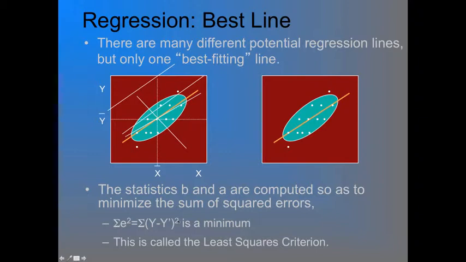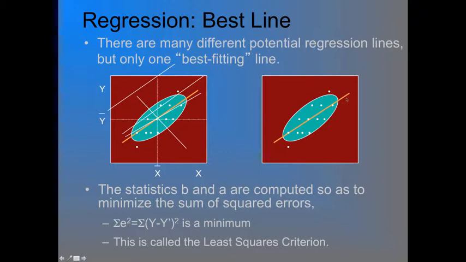Of course, you square it because you're trying to get rid of negative and positive. You want to make everything positive. That's why you square it. So the sum of your squared errors equals the sum of all the differences between actual and predicted scores squared.